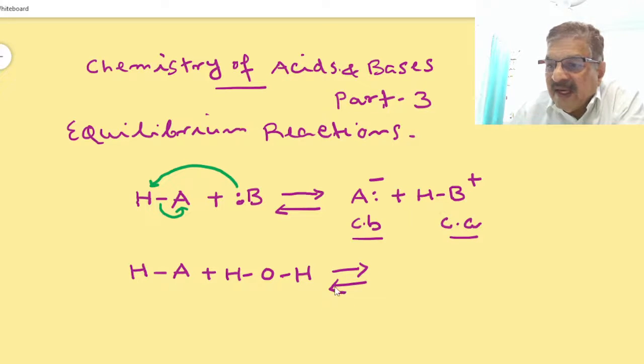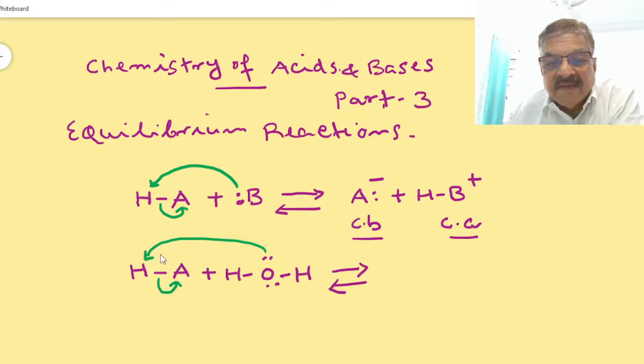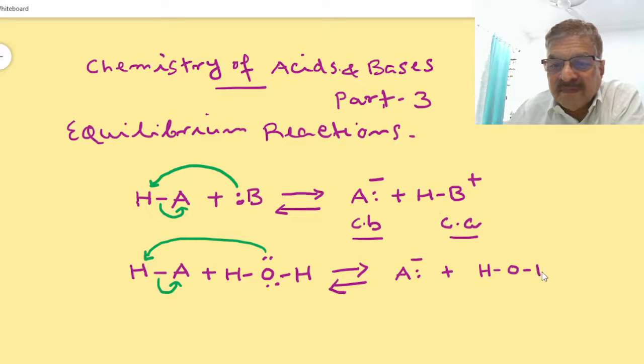The reaction proceeds as usual: a lone pair of electrons on water takes the proton. Therefore, the products formed are the conjugate base plus the conjugate acid. The conjugate acid will be H3O+, the hydronium ion.